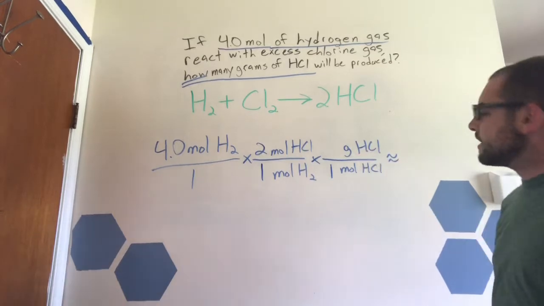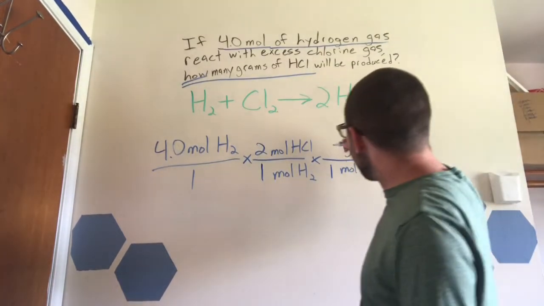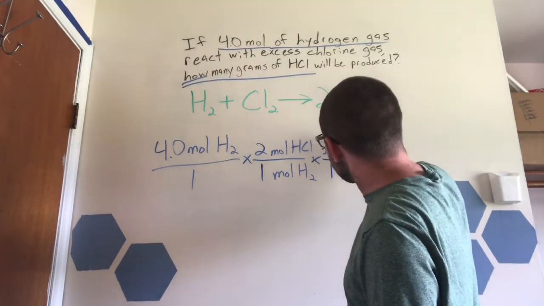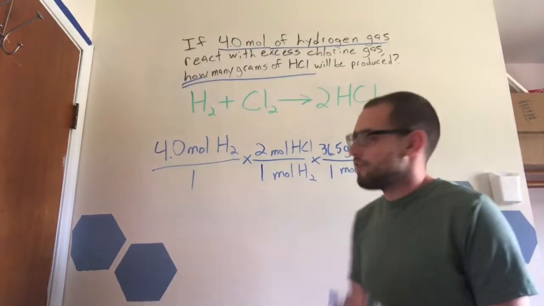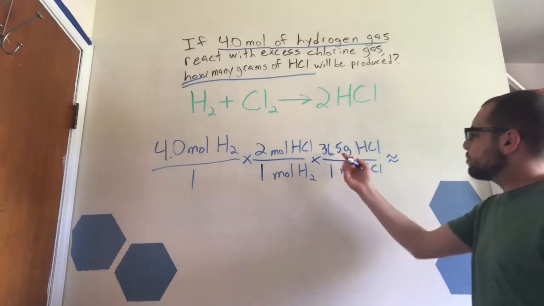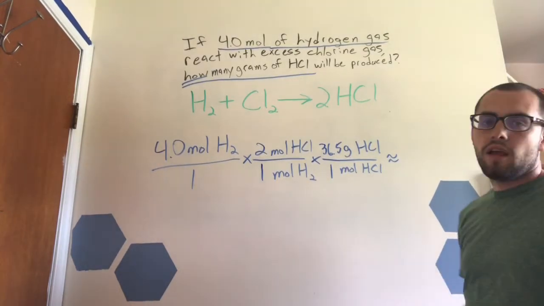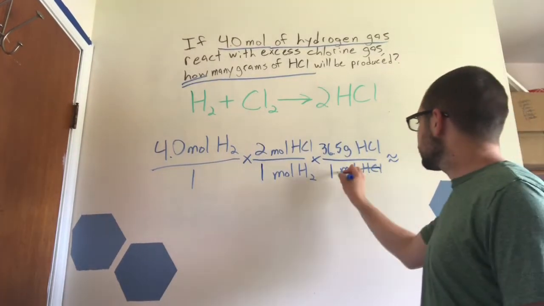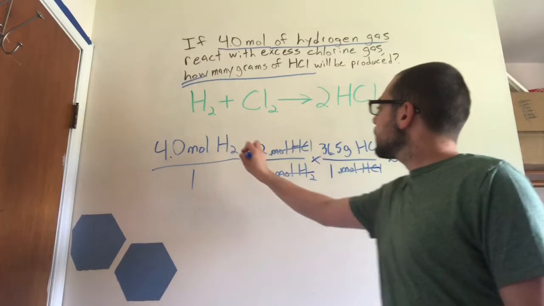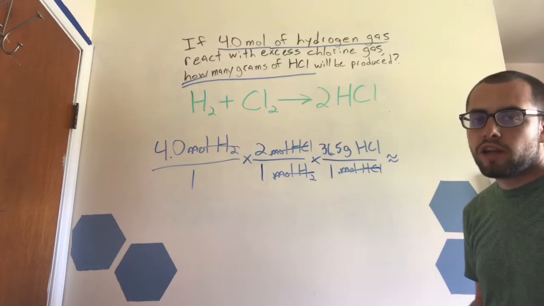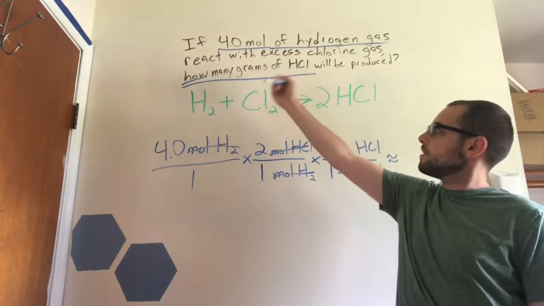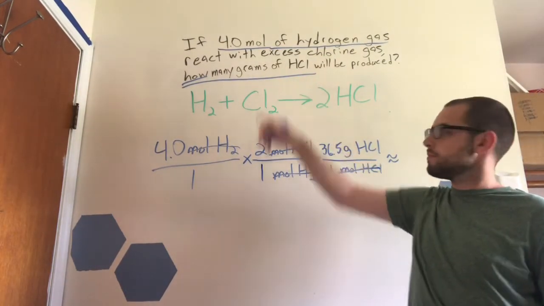It turns out that this molar mass is just about 36.5 grams per mole. I'm double checking myself here. Yeah, that's right. So 36.5 grams per mole. All of my units cancel out. The only thing I have left is grams of hydrochloric acid. But that's good. That's what the problem is asking me for.